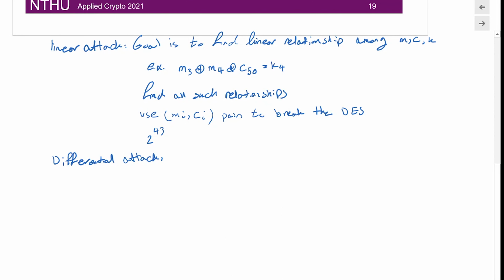Imagine some attacker is playing with this encryption system and sends some message M, and the key is fixed. Sending this message M, they get the ciphertext, and then they change one of the bits of the message, and they want to see how many bits, or how much, the ciphertext would change. And again, they change another one, and again see the results.